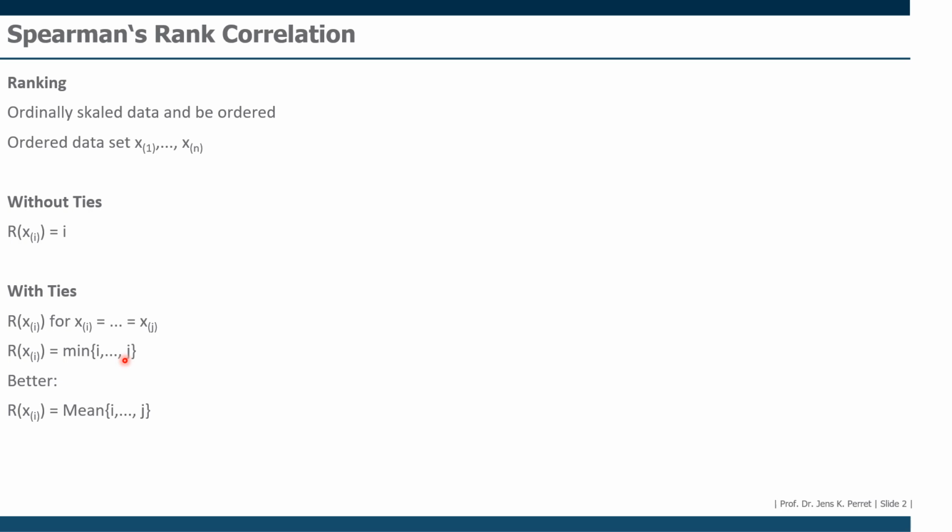If, for example, the values 3, 4, and 5 would have the same value, then we take the average of 3, 4, and 5, so the average would be 4. All three would be assigned the rank of 4. Well, that's about it on ranking data. As I said, the better version is working with this mean version.